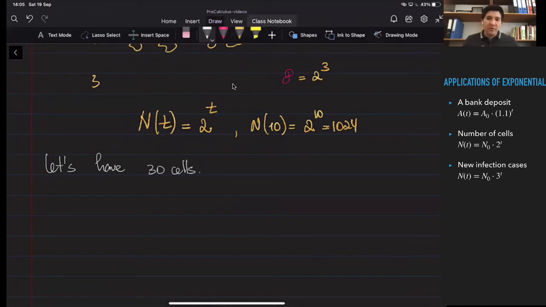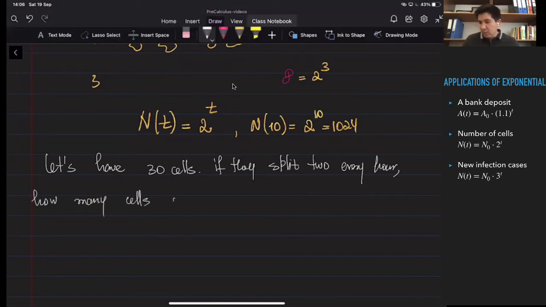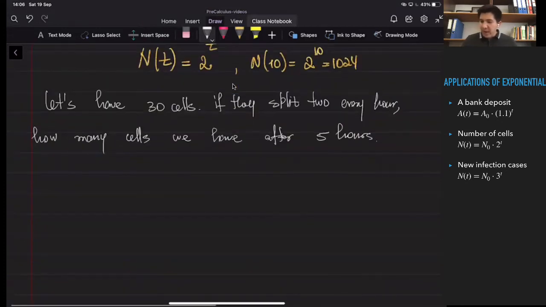If they split into 2 every hour, I would like to know how many cells we're going to have after 5 hours. Okay, so we know that if I would just have 1 cell, right?